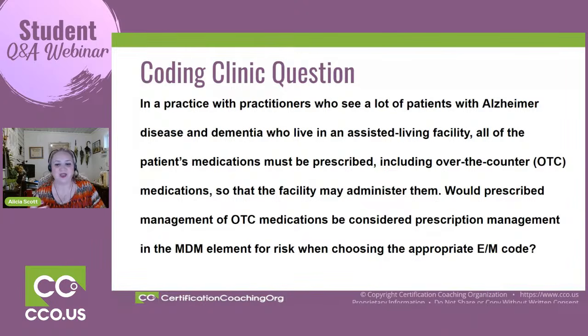And so that is kind of where this is stemming from: does this patient constitute a level 4 even though they've got a handful of over the counter medications that out in the world would not constitute higher medical decision making, but for us it does? How's that going to work?